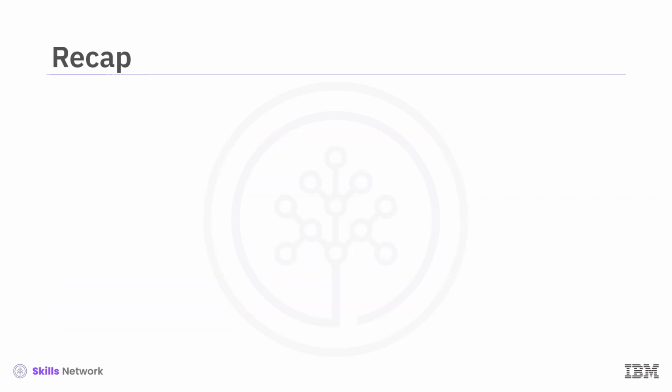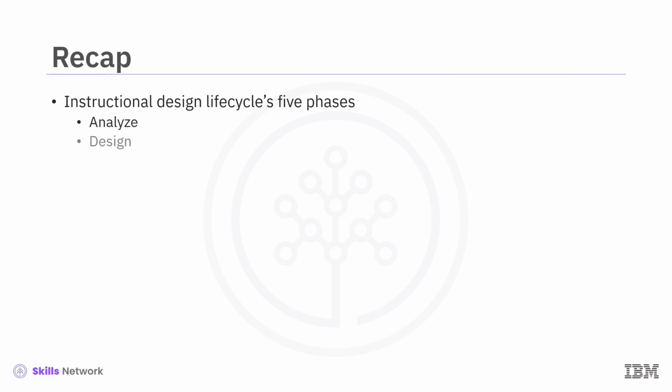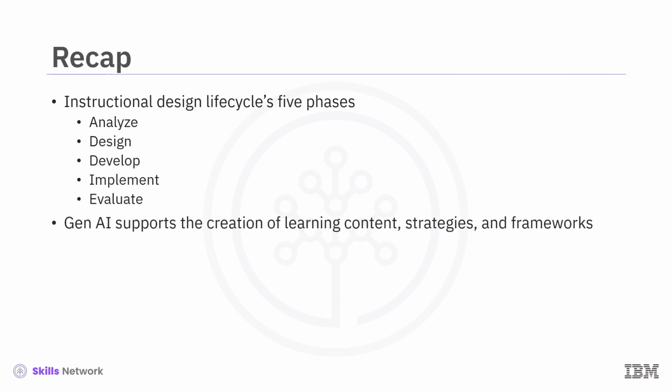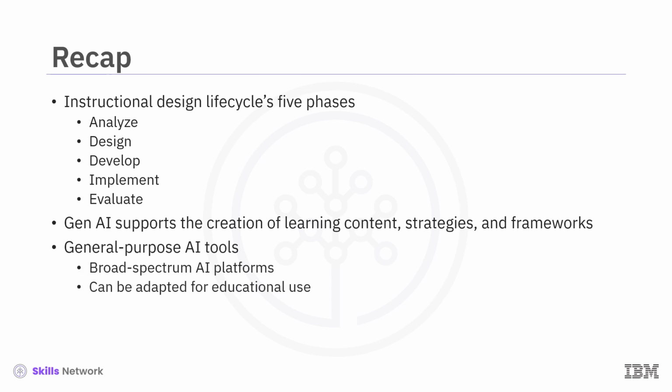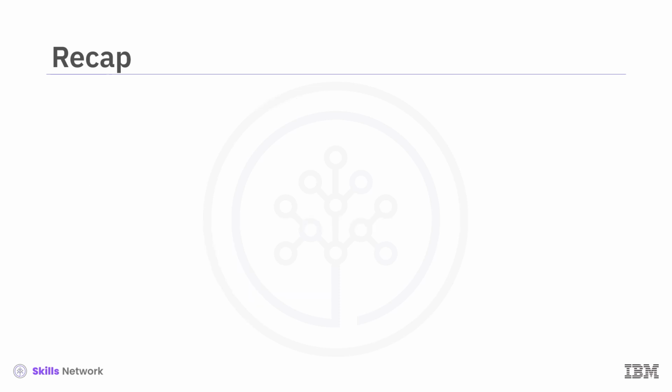In this video, you learned that an instructional design lifecycle involves 5 phases: analyzing, designing, developing, implementing, and evaluating learning materials. GenAI can be used during each phase to support the creation of your learning content, strategies, and frameworks. General-purpose AI tools are broad-spectrum AI platforms that can be adapted for educational use through effective prompting, for example, watsonx and ChatGPT.